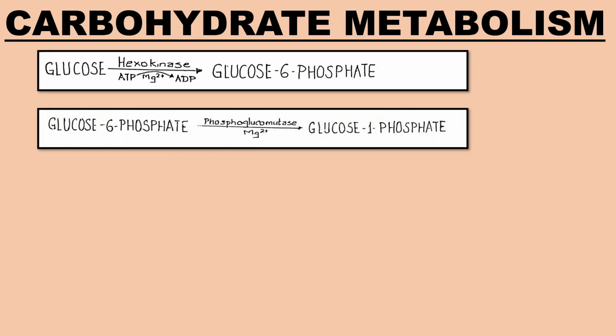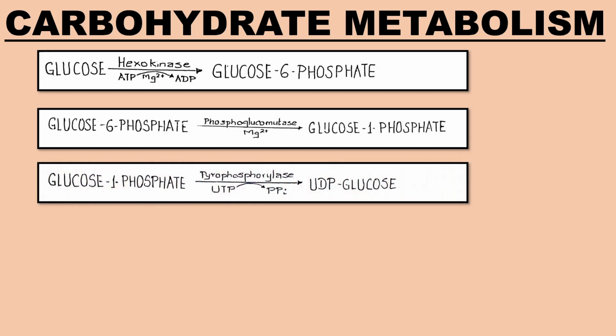Glucose 6-phosphate forms glucose 1-phosphate in the presence of magnesium ions and phosphoglucomutase enzyme.